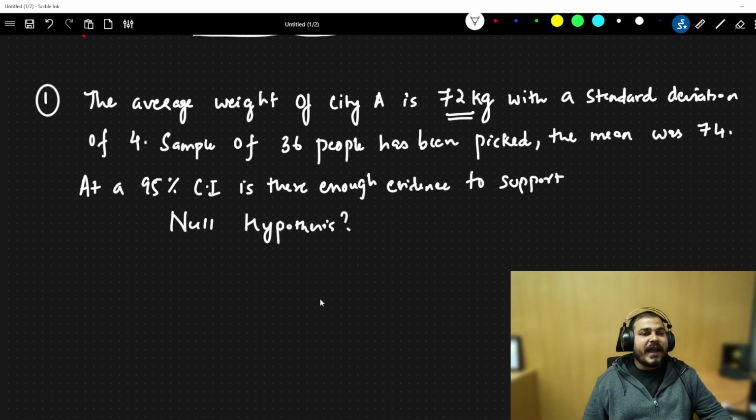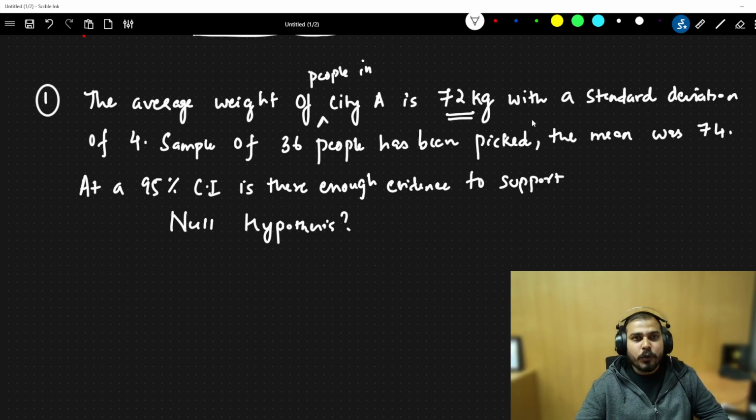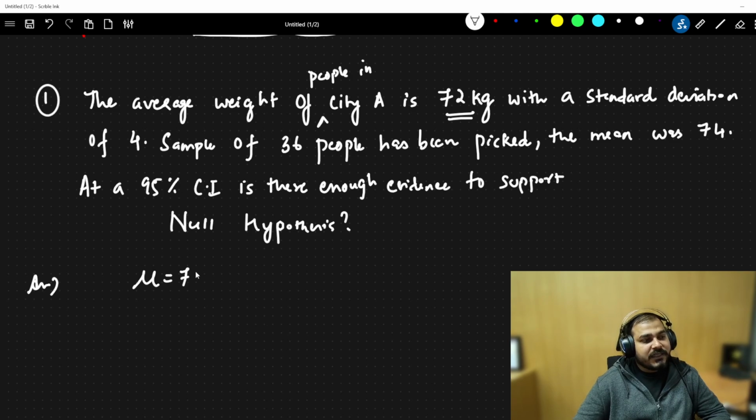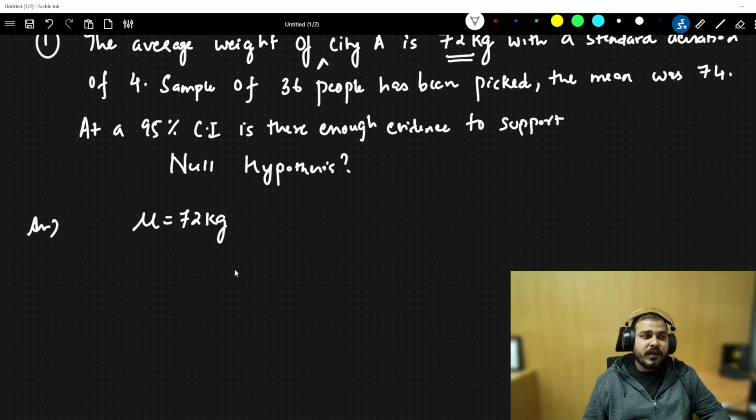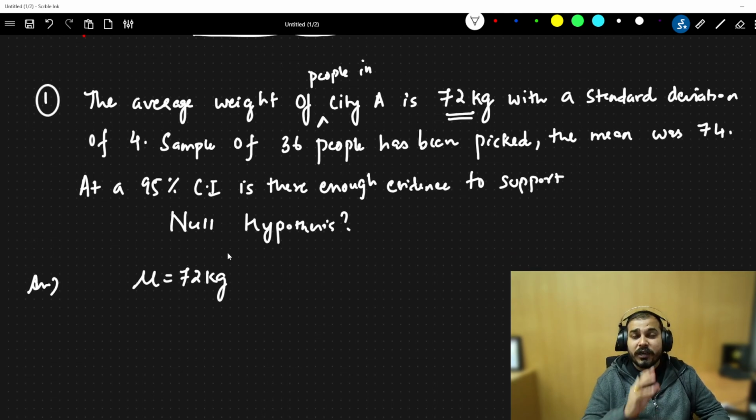So what is the problem statement? The average weight of people in city A is 72 kg with a standard deviation of 4. First of all, let's see what information is given. Your mean value is given. I have already uploaded videos on how to perform different types of hypothesis testing. Suppose the mean is 72 kg.